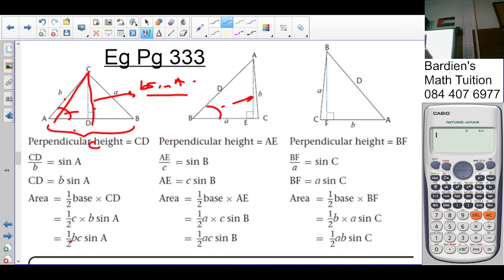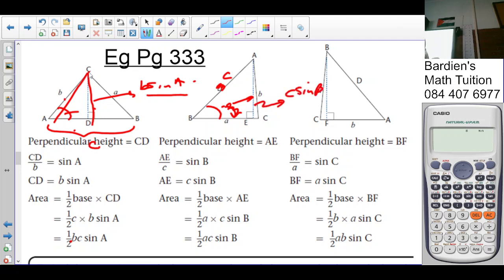Sine is opposite over hypotenuse, so AE over c is equal to sine of angle B. To make AE the subject of the formula, cross multiply: c sine B is equal to AE. So AE is c sine B.